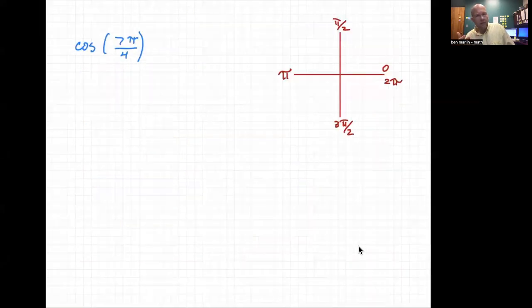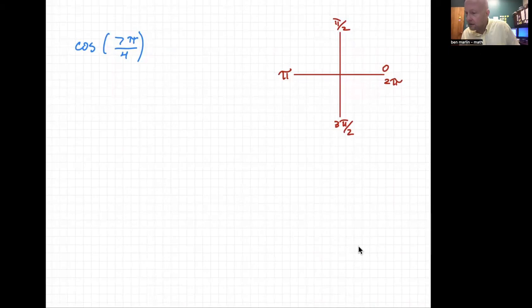Then if we do cosine of 7 pi over 4, that's a positive angle. So we're rotating around in the counterclockwise direction. 7/4, get your calculator, you'll find it's 1.75. The closest integer to 1.75 is 2.